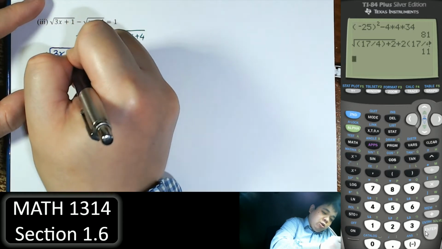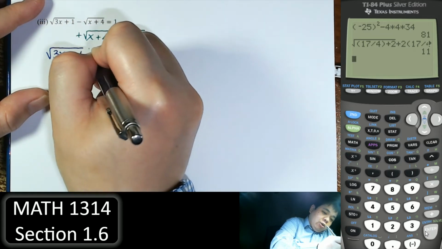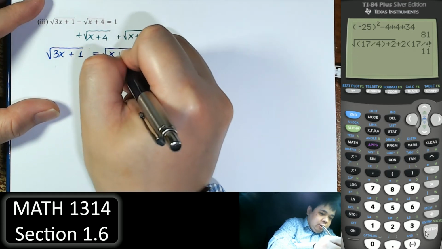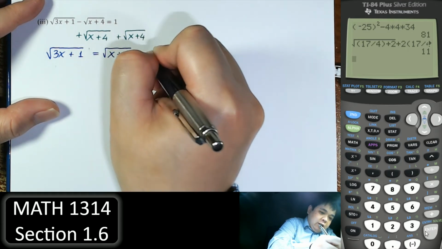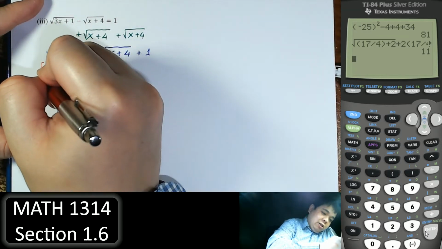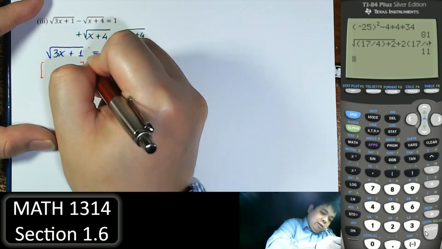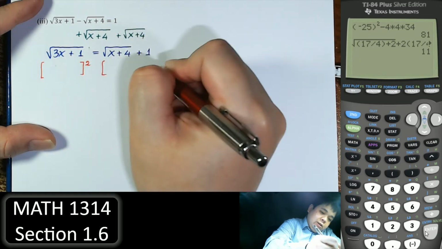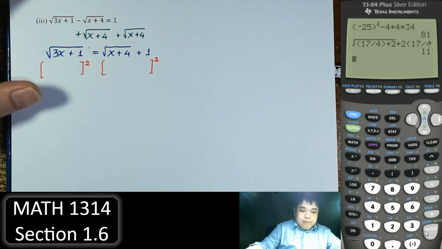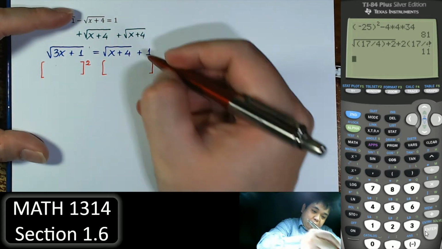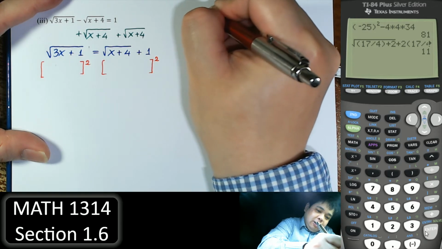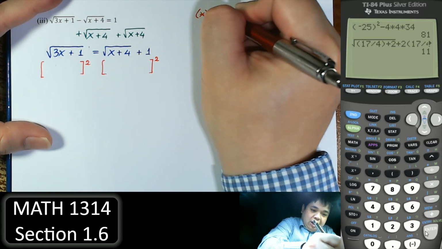So 2x plus 1 equal to the square root of x plus 4 plus 1. Now, square both sides. And remember, every time we do that, we have to check the answer.